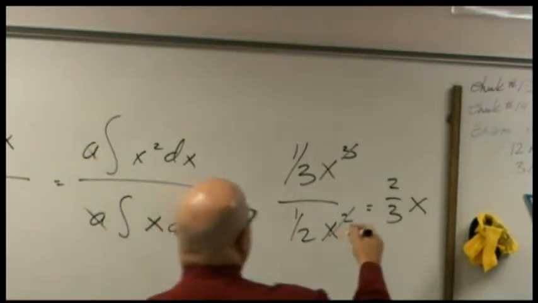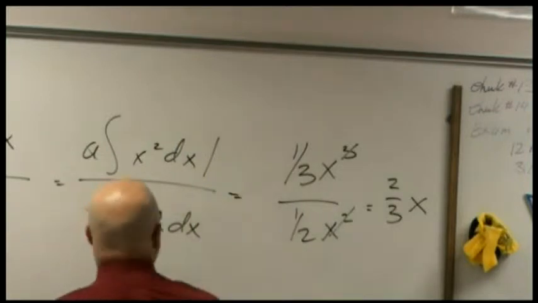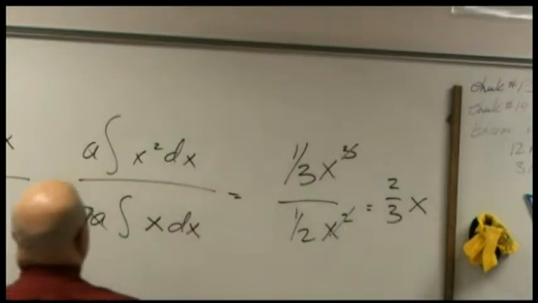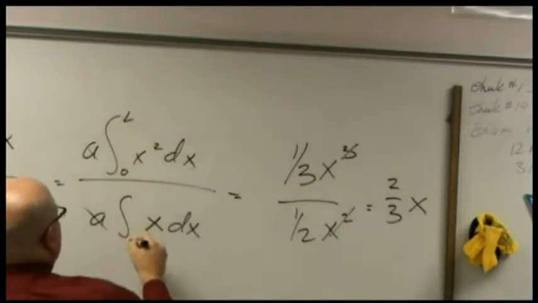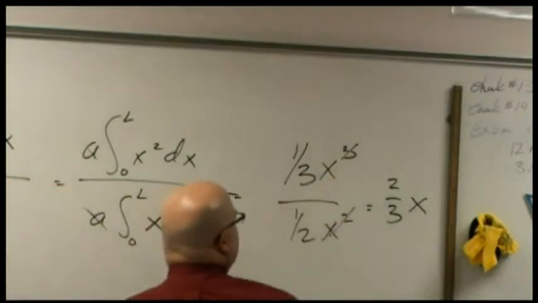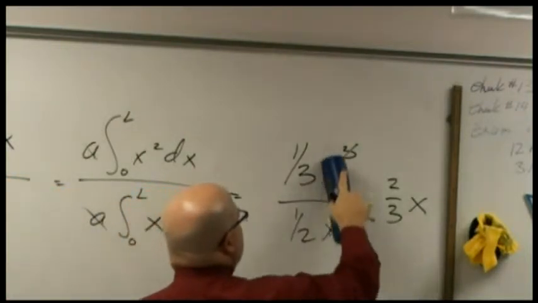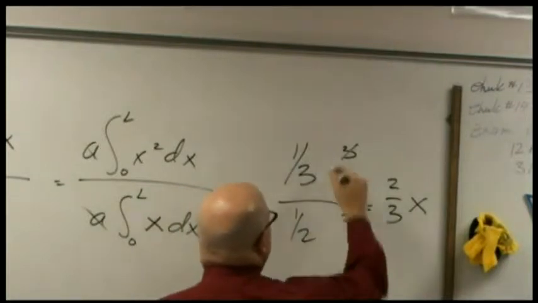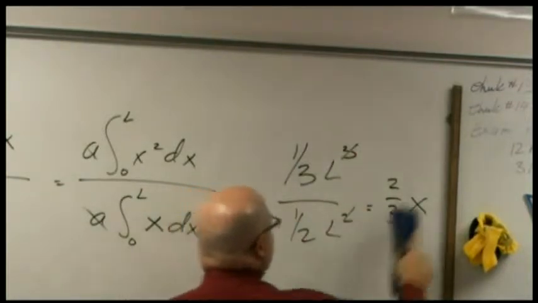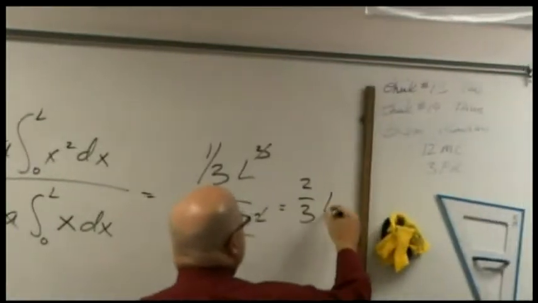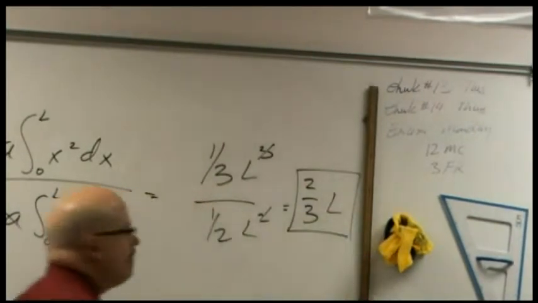Yes, we do need some limits. Technically, we should have written those up here: 0 to L, 0 to L. So this should have been L cubed and L squared, giving us just two thirds L. And there you go.